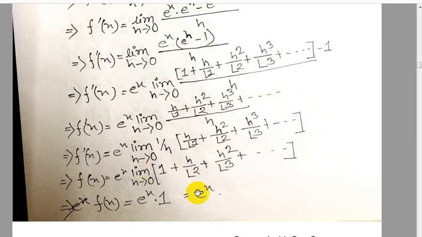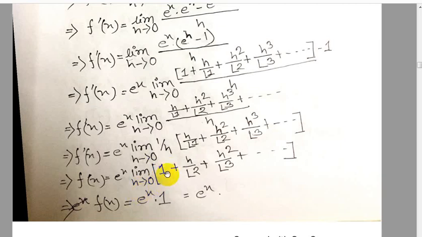Okay, so this is your new function. Here, if you put h tends to 0, all the values depending on h will be 0 except this value, because 1 is a constant and it is not dependent on this h.